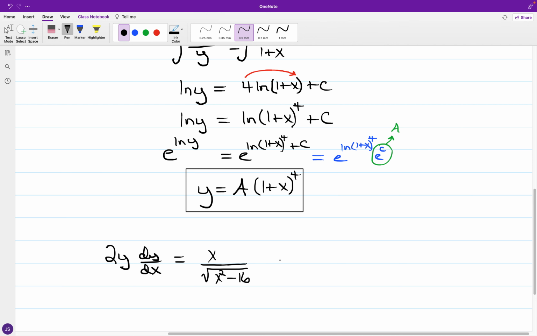And in this problem, we have an introduced initial condition whereupon whenever x is equal to 5, we have that y is equal to 2.